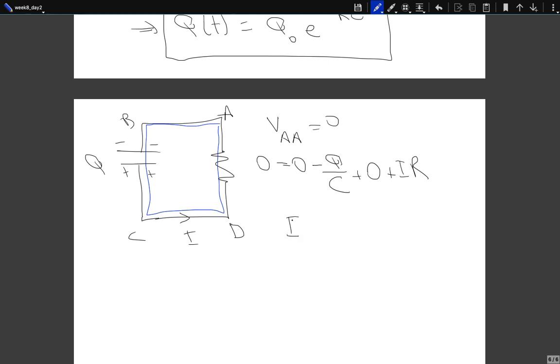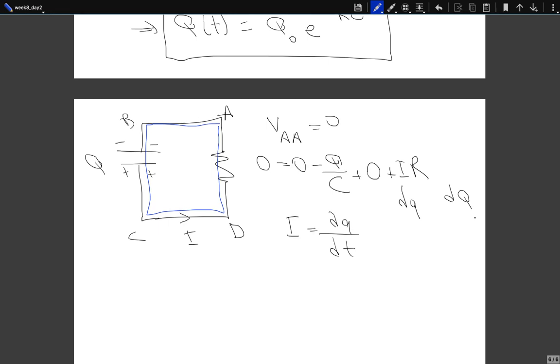Now, how can I relate I to the charge in the capacitor? This is the next step. What is the relation between a very small amount of charge that runs through my wire and the change in the charge of my capacitor? Well, if dq is positive, that is, through this point a small amount of charge passed in this direction, then the charge in my capacitor is decreasing.